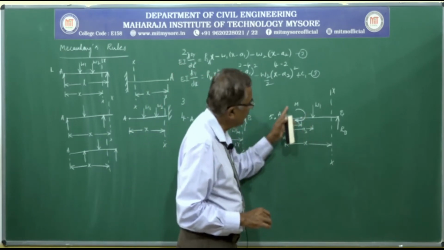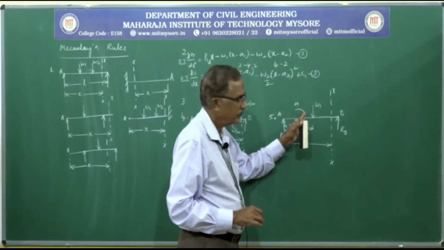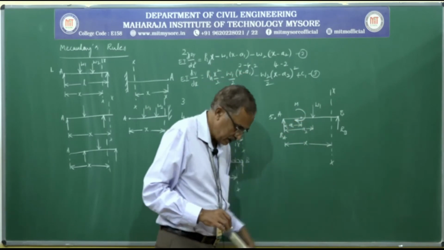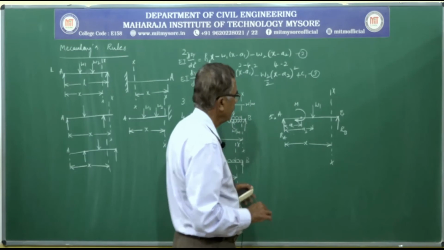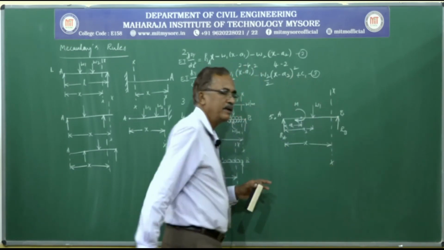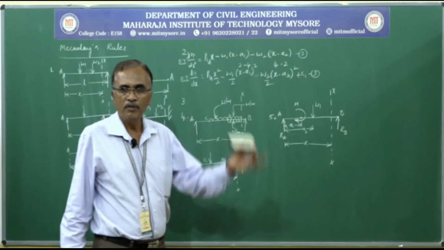Whenever an external moment is acting on the beam, to write the expression for bending moment in deflection, the moment, if it is acting, should be multiplied by the distance raised to the power of 0.